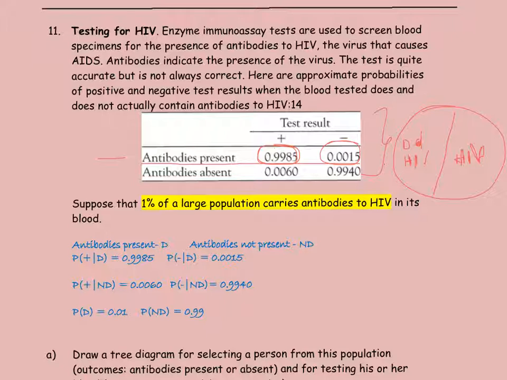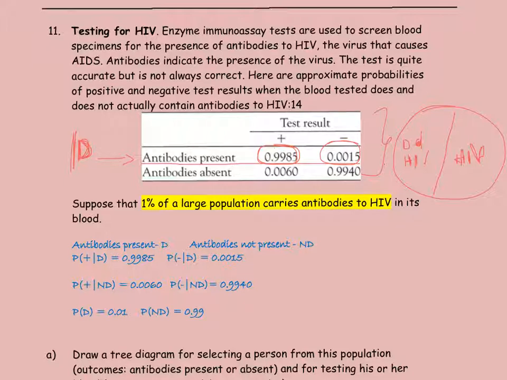So this is knowing that they had, let's call it disease, just for being brief, and just easier to write it down as one letter. So given that they had the disease, 0.9985 tested positive and 0.0015 was the probability that they tested negative.